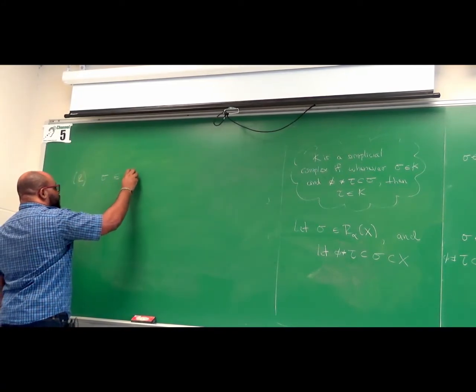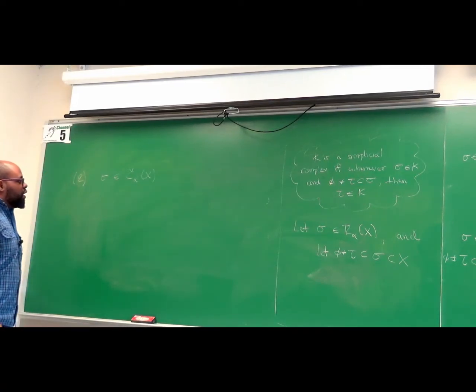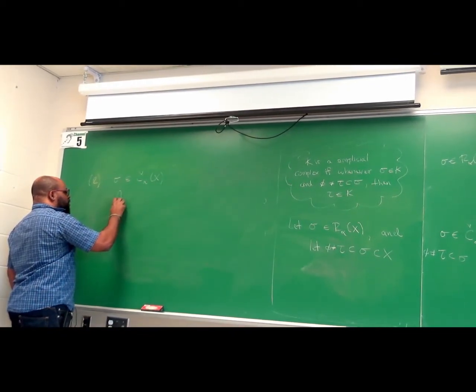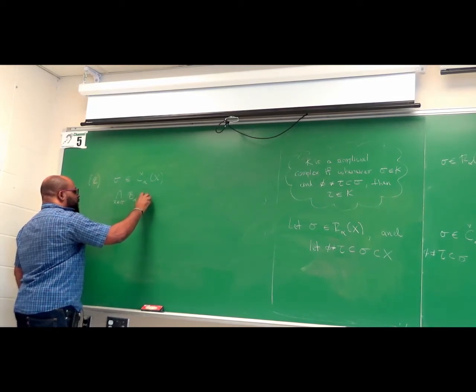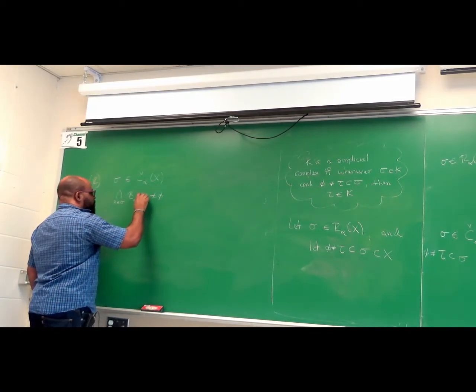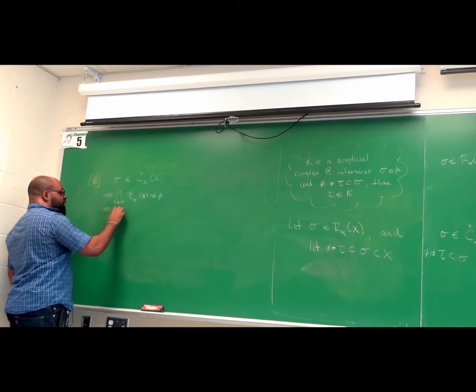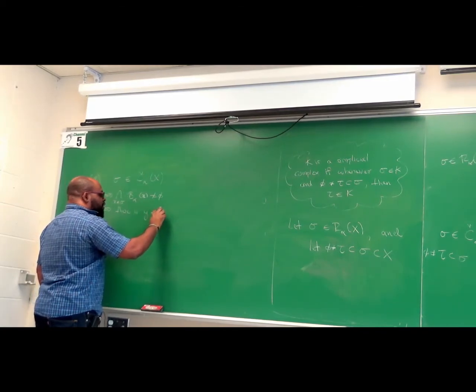So again, take sigma in the Čech complex, right? And again, this means that the intersection of all the balls centered at points in sigma is not empty. That means that we can find some element y in the intersection.